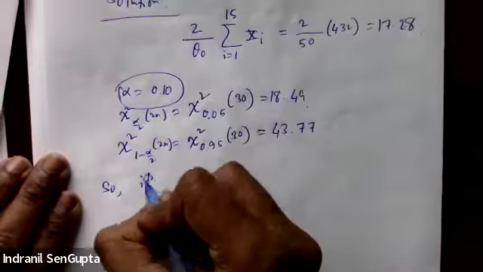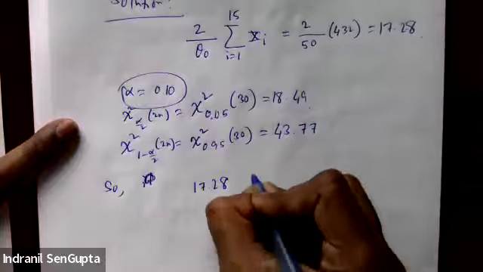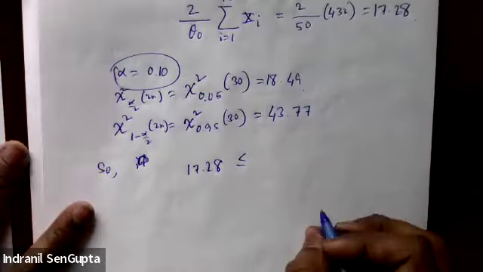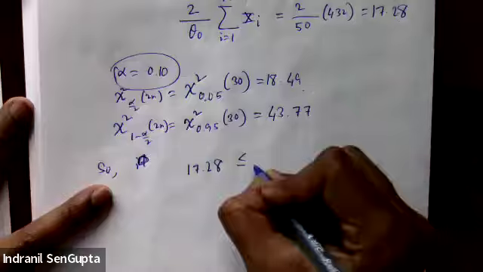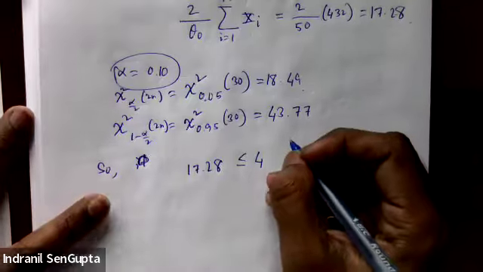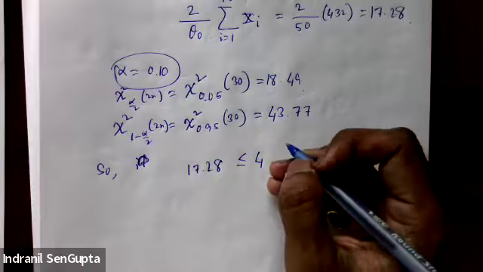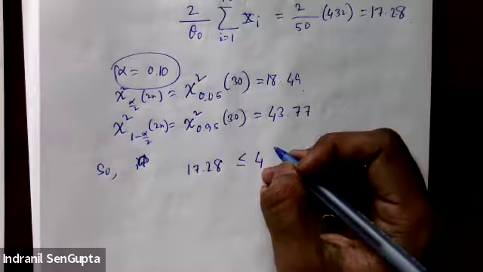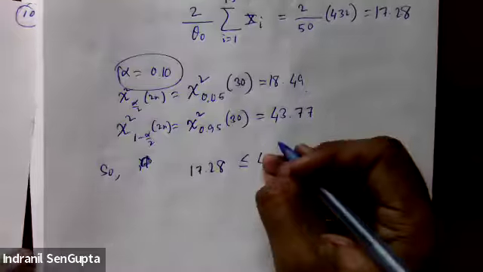So let's write this number. The first one is 17.28. Is it true that this is less than or equal to 43.77?